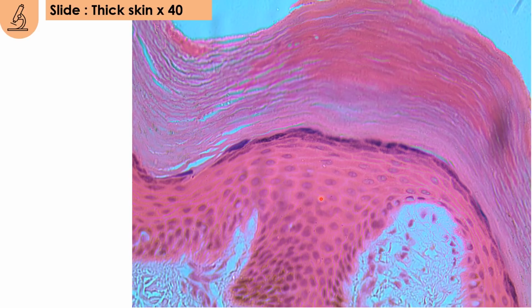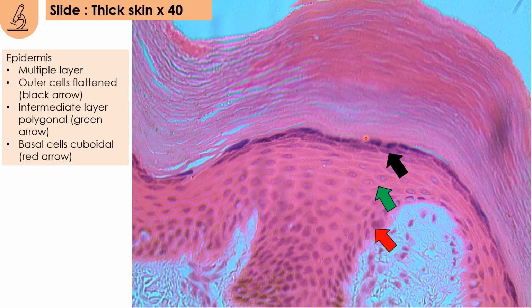The basal layer, you can see more clearly compared with the previous slide. It's usually cuboidal or columnar. The intermediate layer usually has different shapes, polygonal, and the outer cells are flat.